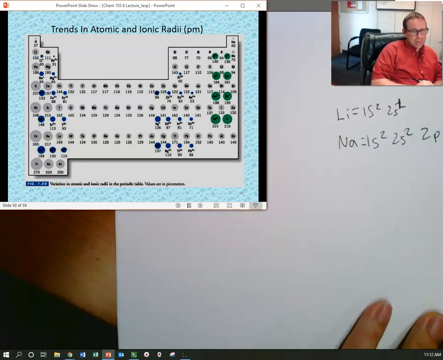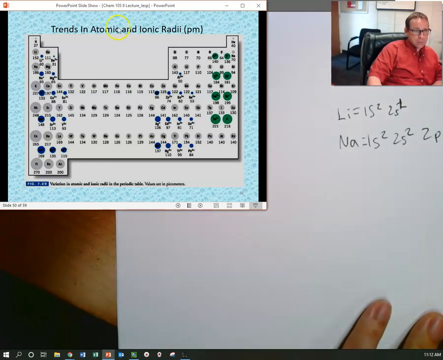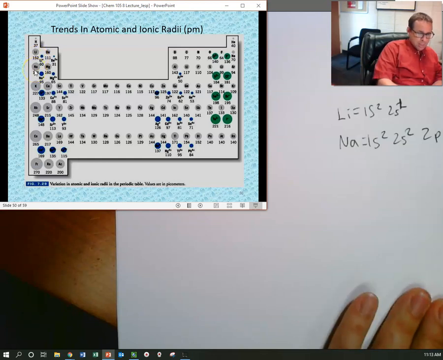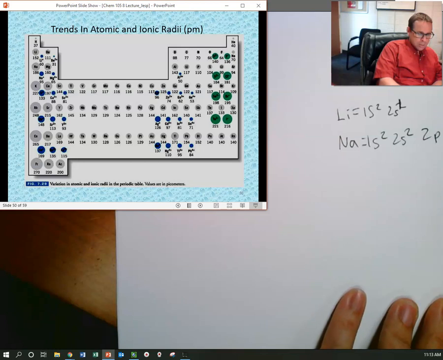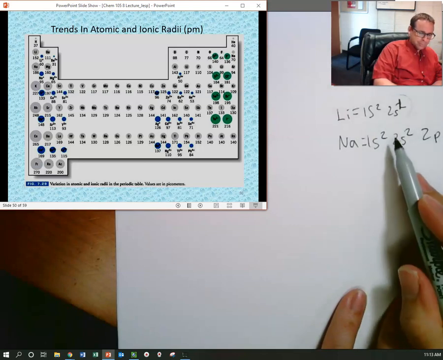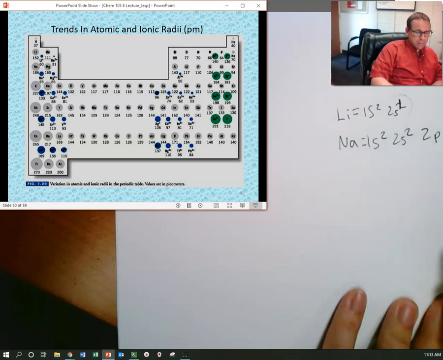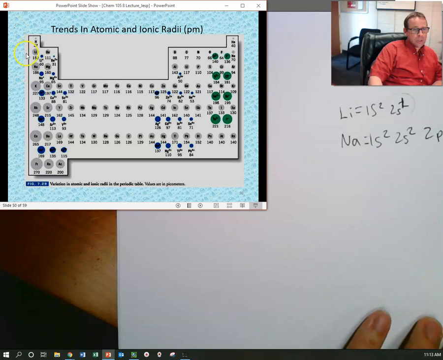Right? So it shouldn't be surprising to us that sodium is larger than lithium. See, for lithium here we have 152 picometers, and sodium 186 picometers. That's not terribly surprising because we have our 3s shell, our third shell, that is added on to bring in sodium, right? If we want to bring in electrons for sodium, we have to go into the third shell. So we have a larger atom, all right?